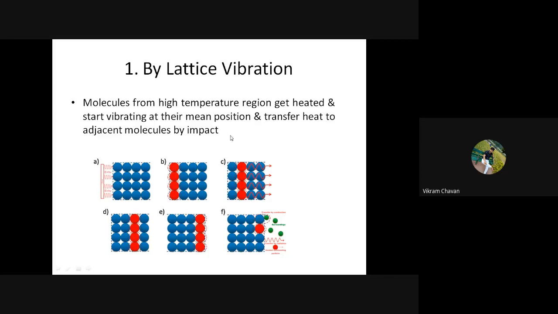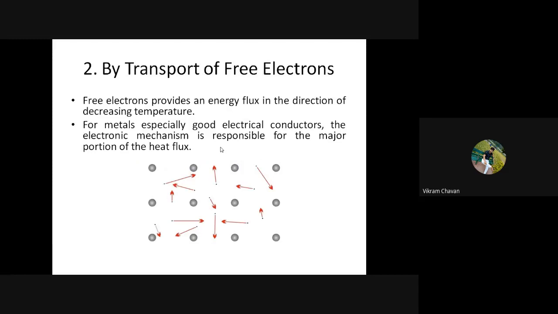So lattice vibration is one of the phenomena that transfers heat by conduction from one region of a substance to another, or from one substance to another. The other phenomenon is free electrons. Free electrons are available only in metals, so this phenomenon is seen in metals only.